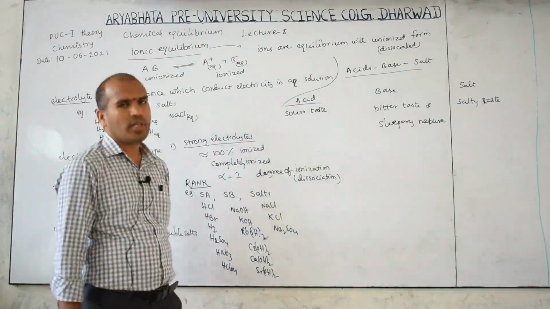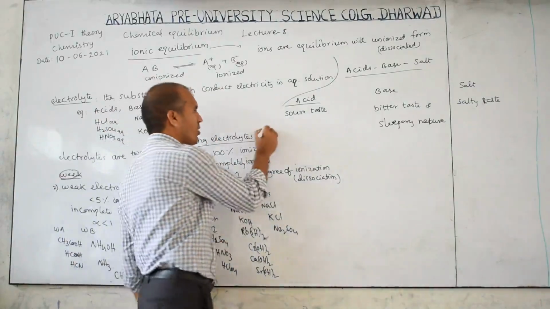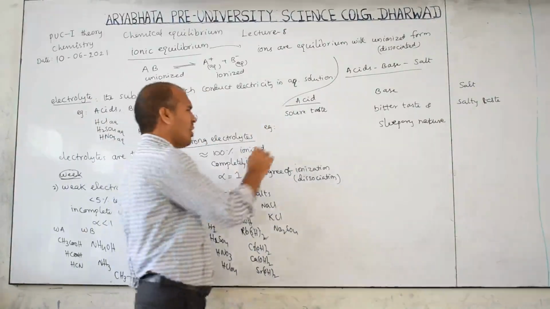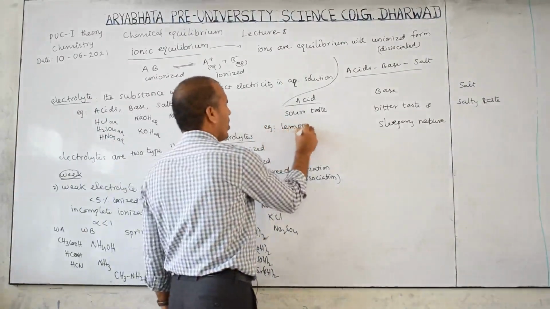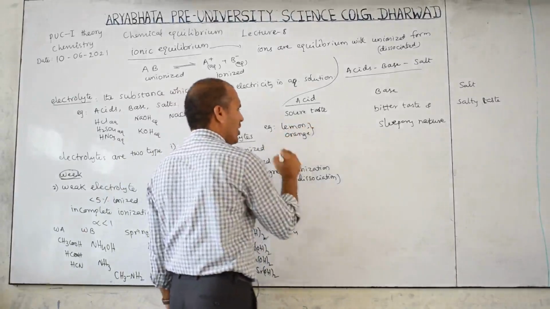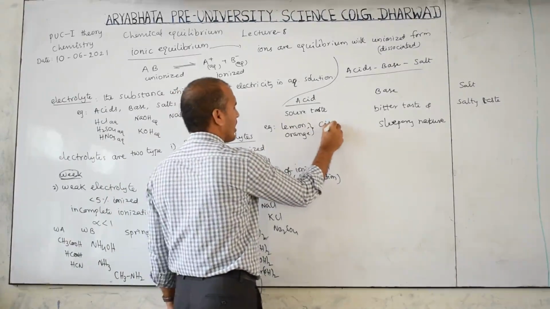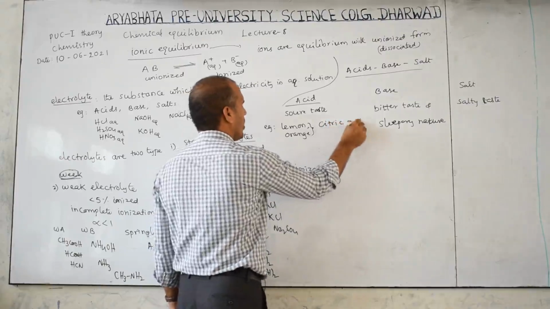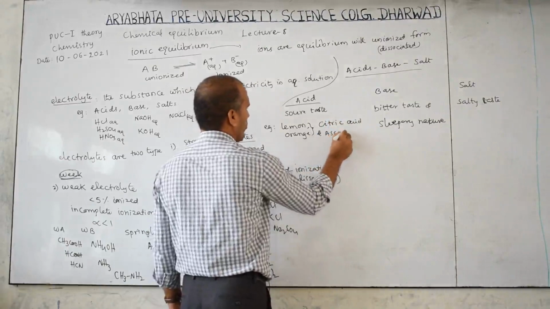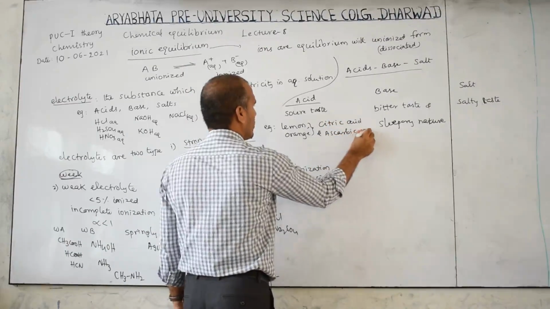Here acid has a sour taste. For example, how do we identify it in nature? Lemon and orange have citric acid and ascorbic acid.